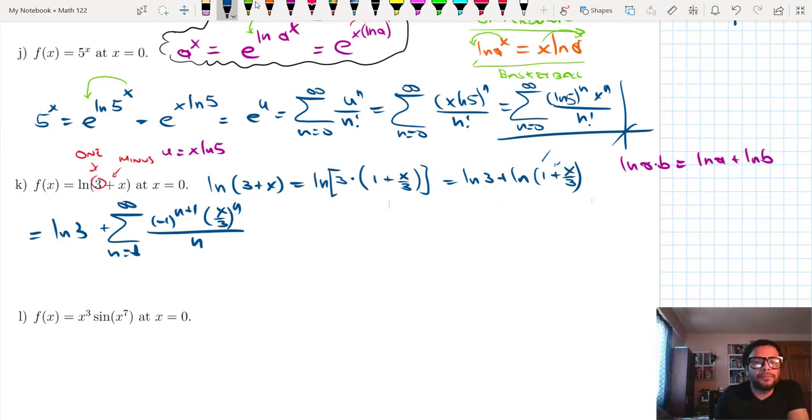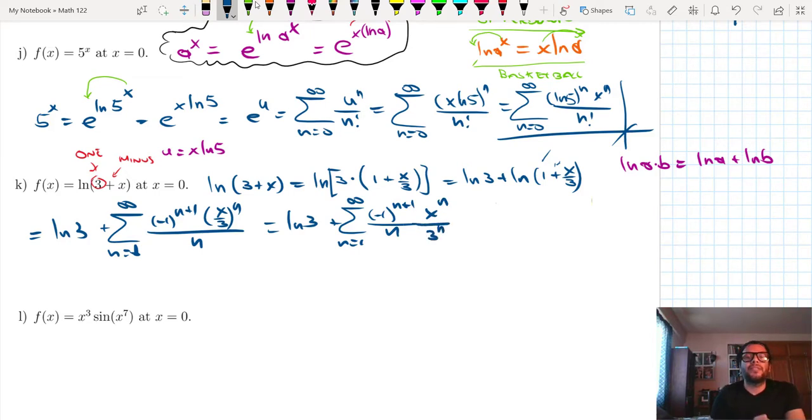I'm going to do ln of 3 plus sigma n equals 1 to infinity of negative 1 to the n plus 1 over n. This is x to the n over 3 to the n. And that's all we do. We're done for this one right here. Put this together as a multiplication, okay? And that's about it.